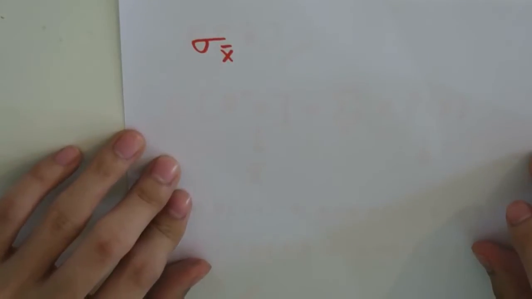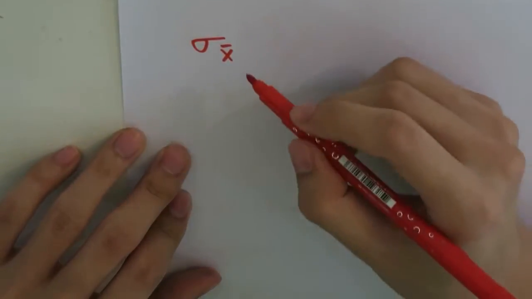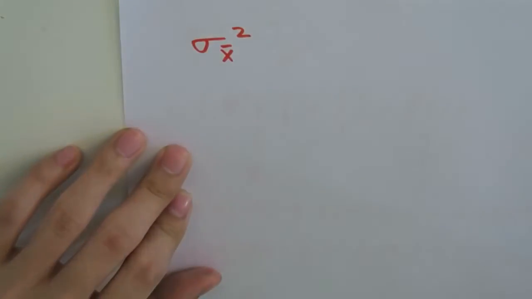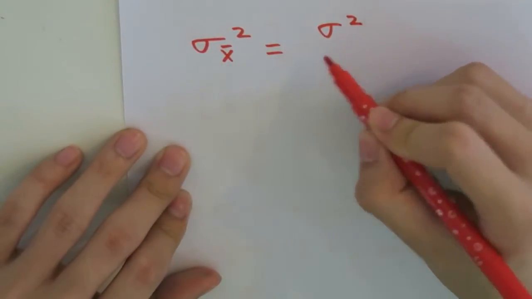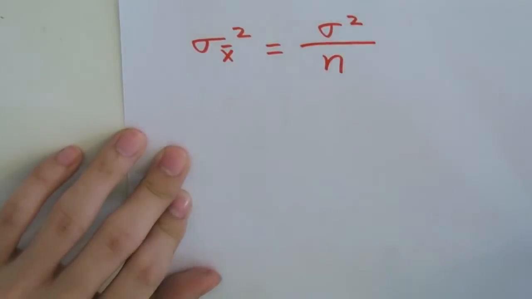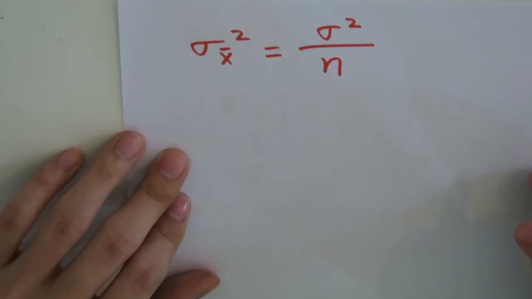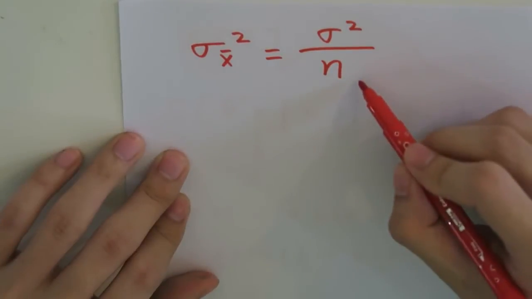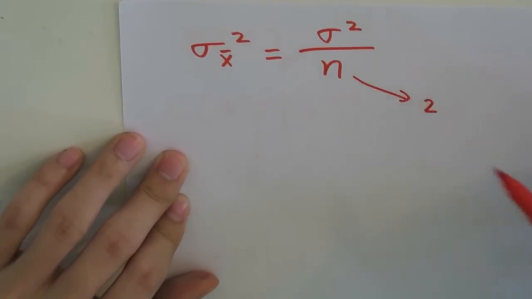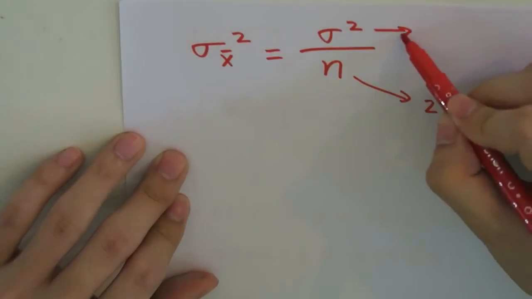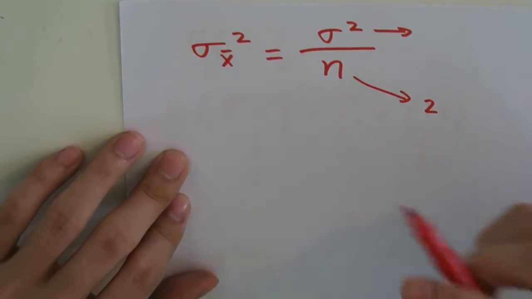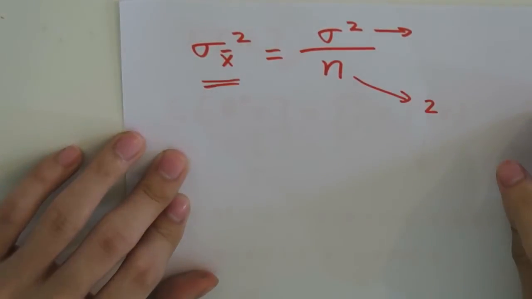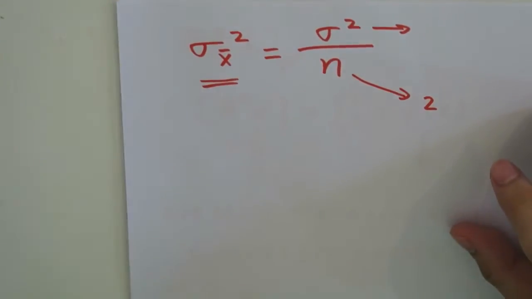If you recall, we have this relationship: standard error squared is equal to the population variance divided by the sample size. From the question, we know the sample size is 2. So we can just calculate the population variance sigma square, and we can get the standard error.